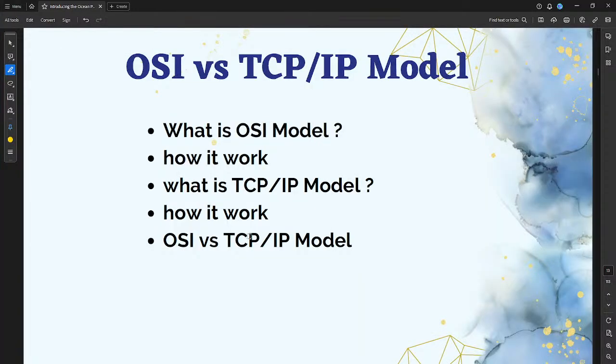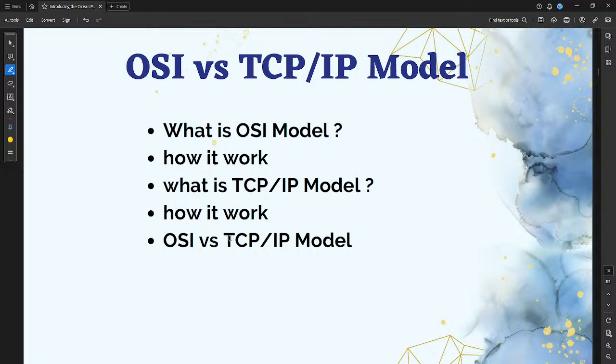Now, OSI versus TCP/IP model. A lot of persons usually say, okay, this OSI model is so complicated. Now let's make this very simple for us. What is an OSI model? How does it work? What is the TCP/IP model? How does it work?